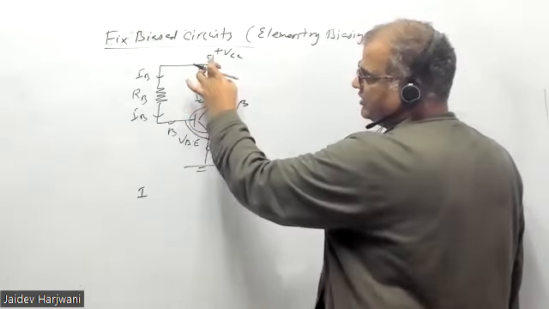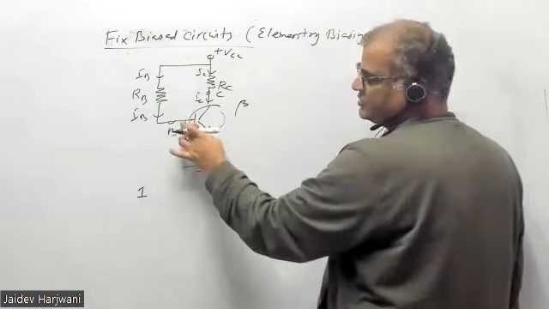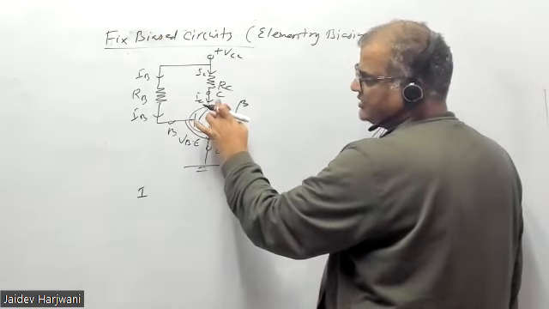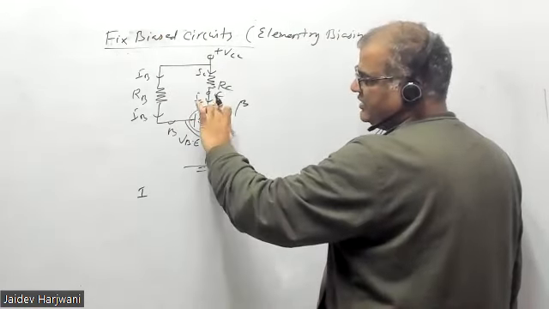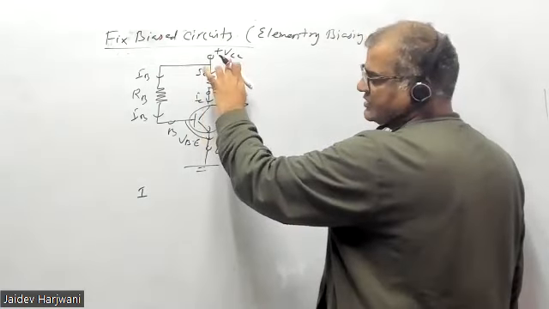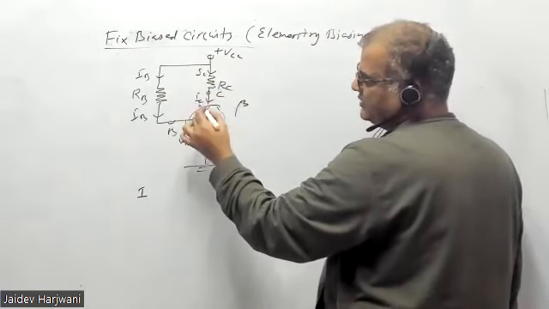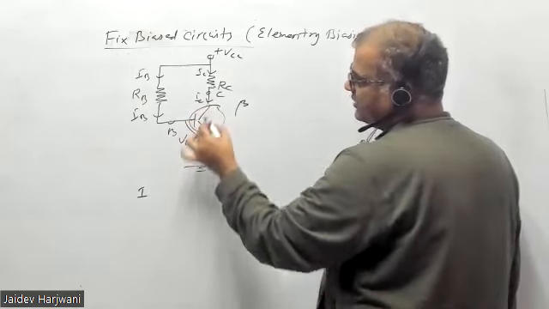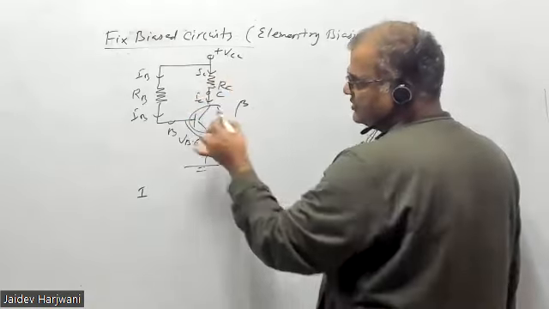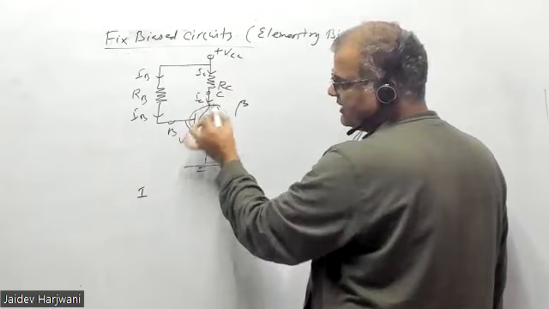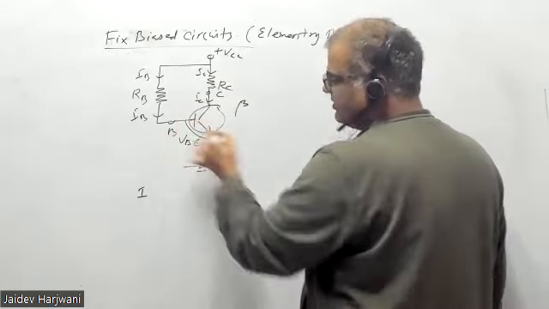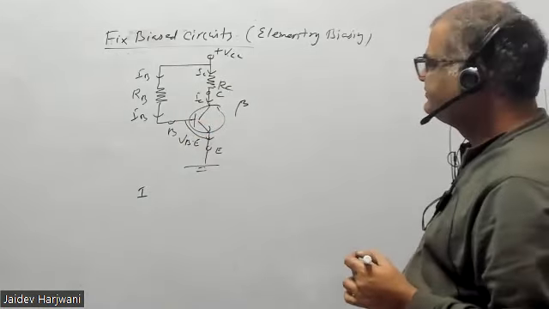With respect to ground, it's giving positive voltage to this base, and this is N and N, so VCE is reverse bias. This is NPN, so to the N it is giving plus. So this junction becomes reverse bias, and this junction becomes forward bias. That you have to see.